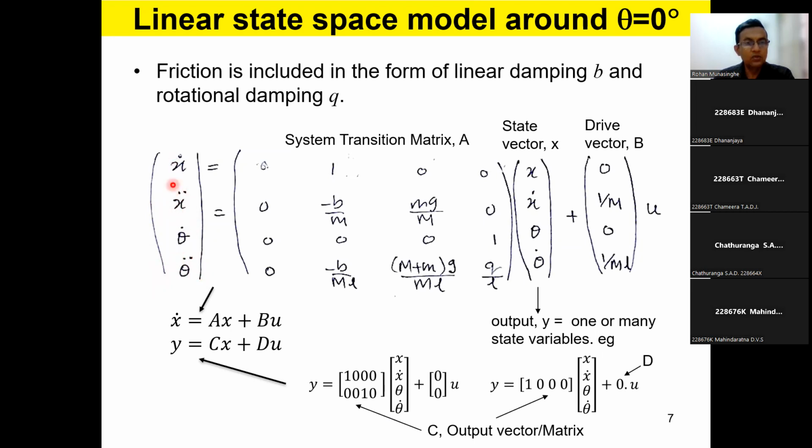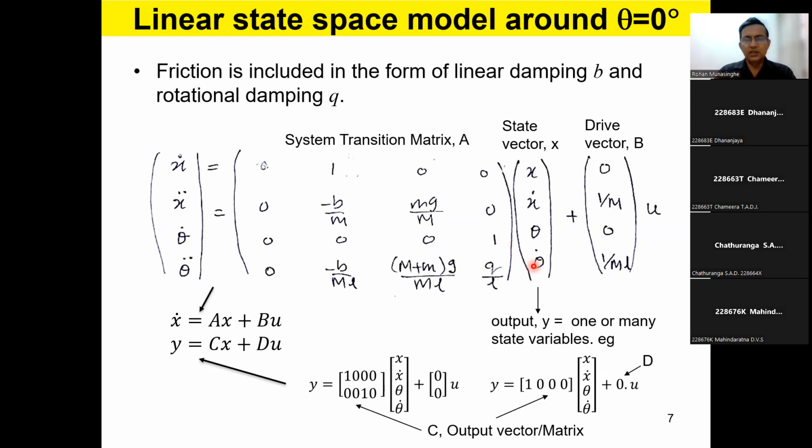If you look at the other two equations, x dot, what you see is nothing but the same equation. X dot equals x dot. And if you look at this equation, you see theta dot is equal to theta dot. So they are not independent equations. It is the relationship in the state space model.